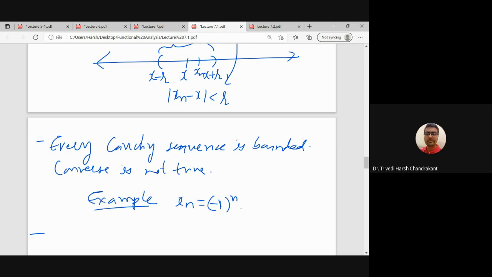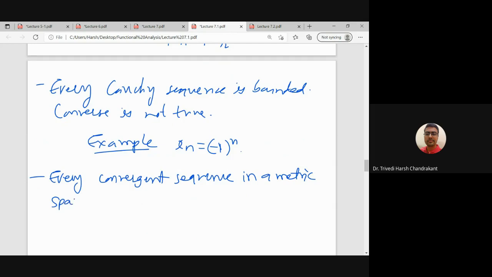Now we know that every convergent sequence in a metric space must be Cauchy.